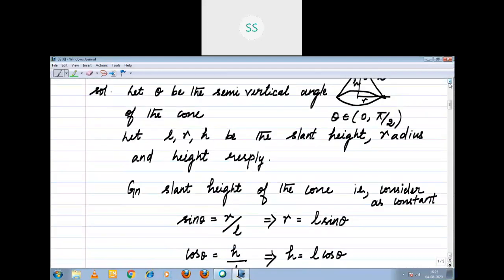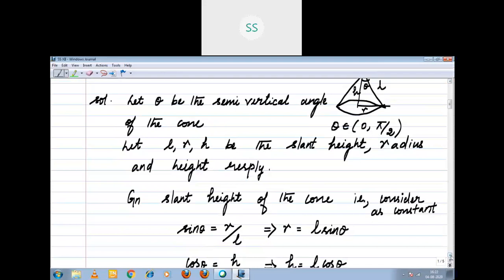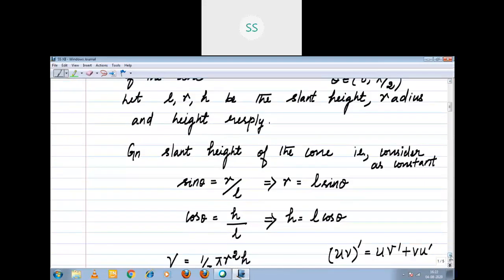Then you label it: what is L, what is H, what is R, then theta. Then you express the radius in terms of theta, and the height also in terms of theta. The radius equal to L sin theta, height equal to L cos theta.